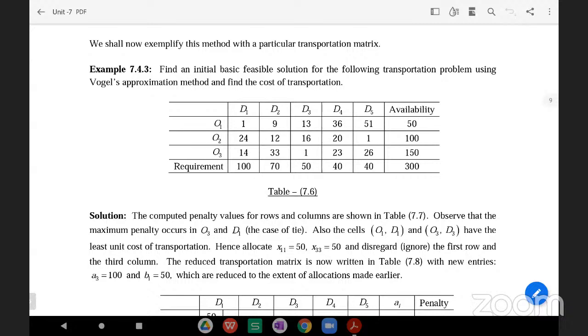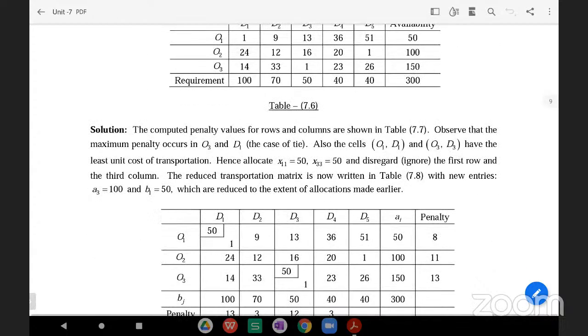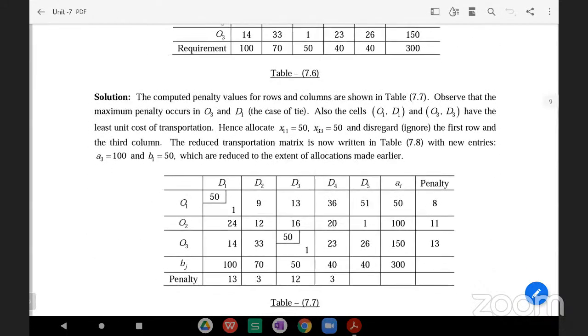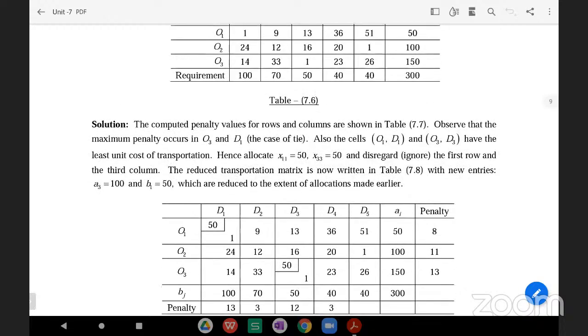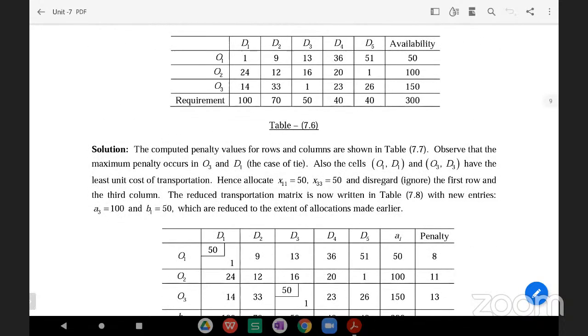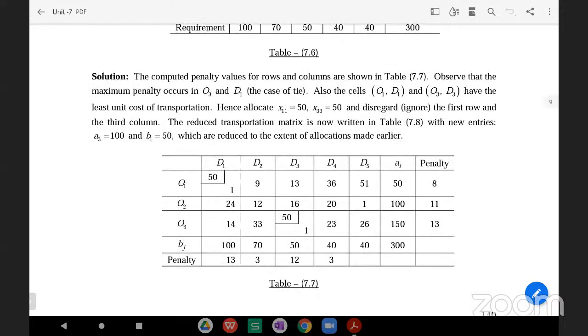In this Vogel approximation method, we find the cost of the transportation. Here penalties should be identified. After the penalties are identified, the maximum penalty is taken.